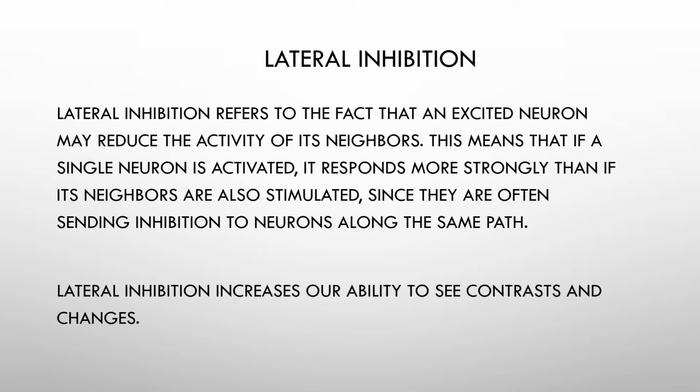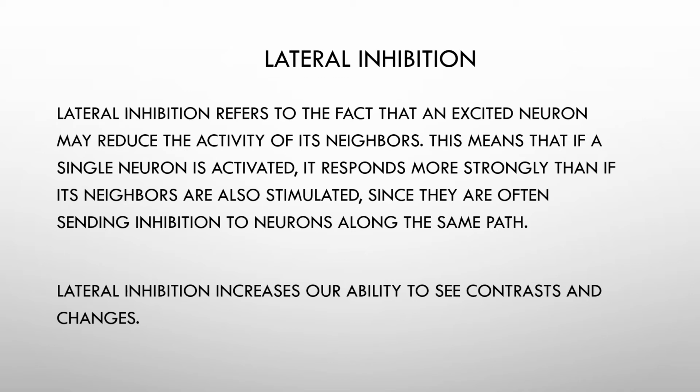Okay, so the final thing you really need to know is this, and I have it all on one slide. This is what you can memorize. If everything I just said and all those proofs just annoy you and you don't really understand, it's okay. Just remember, lateral inhibition refers to the fact that an excited neuron may reduce the activity of its neighbors.